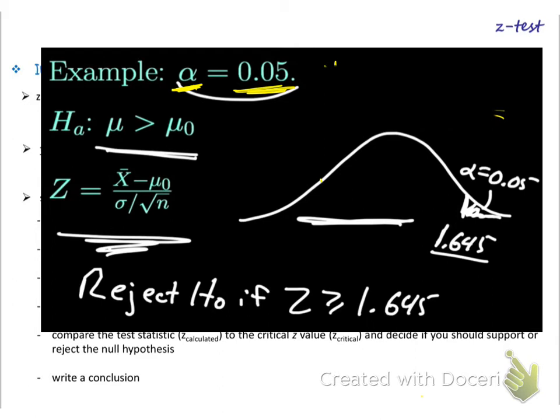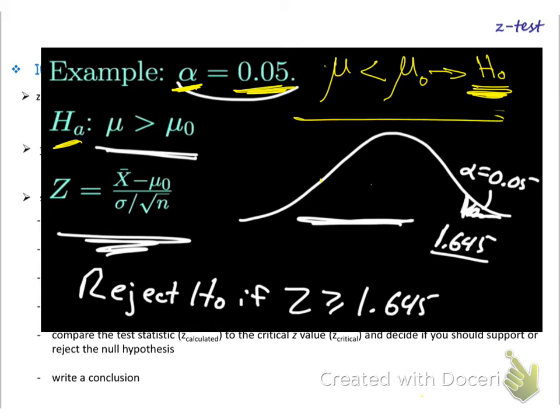So here I assume that mu is less than mu naught. This will be my H naught, the null hypothesis. The alternative should be something else, not equal to it, so instead of less than, it should be mu greater than mu naught.